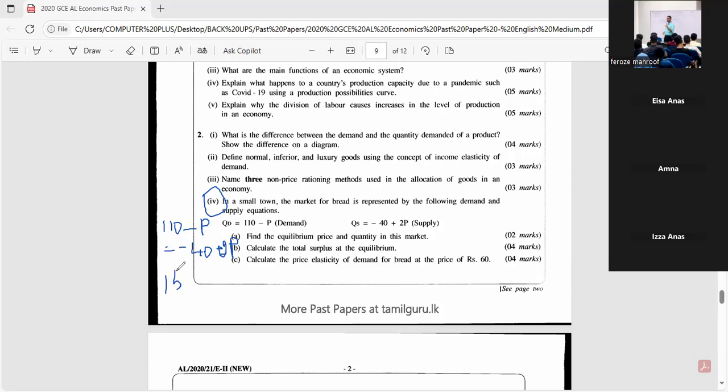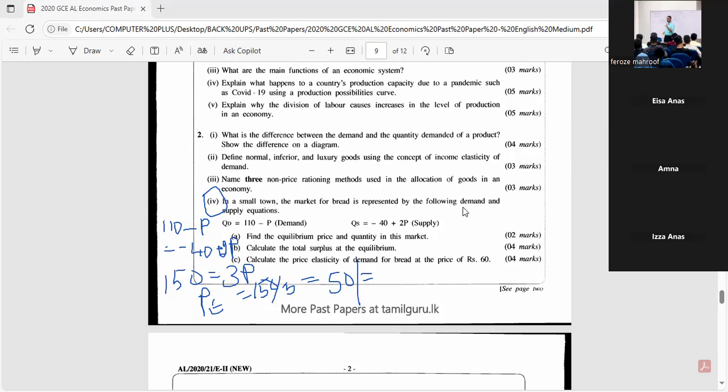Therefore, 150 is equal to 3P. So equilibrium price is 150 divided by 3. Therefore, equilibrium price is 50 rupees.